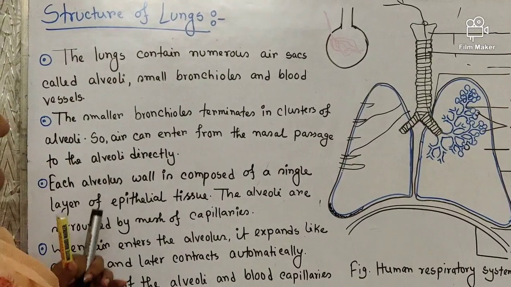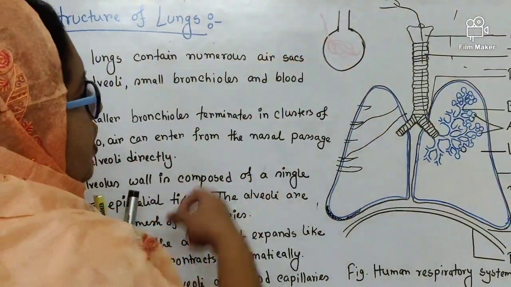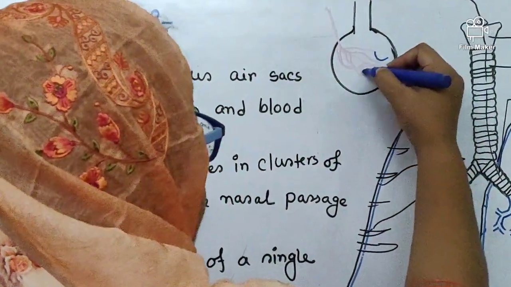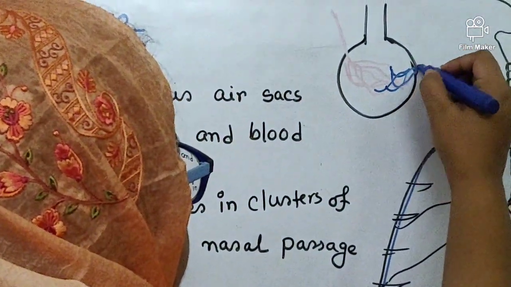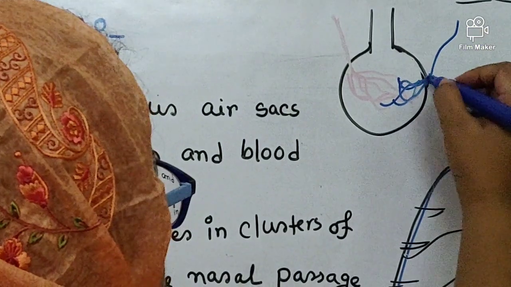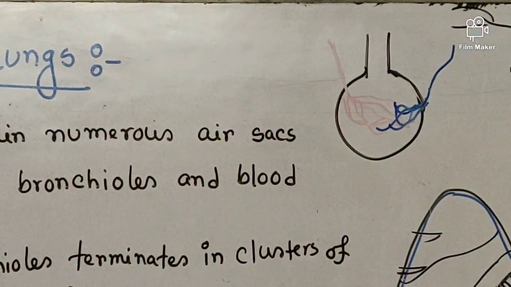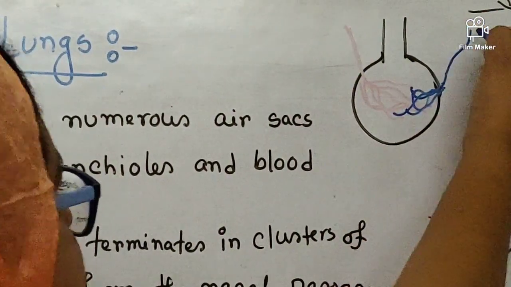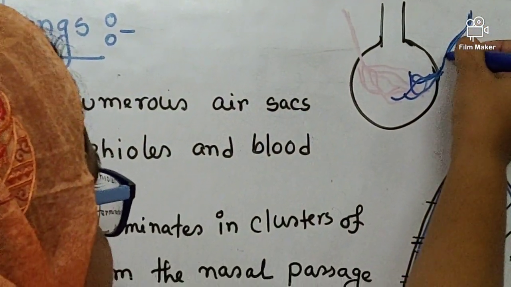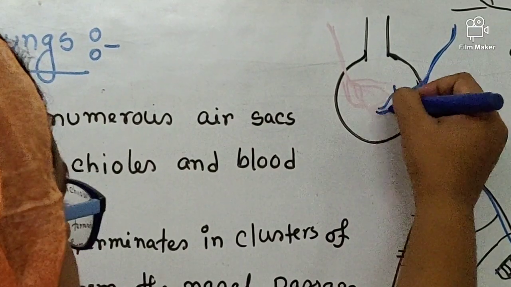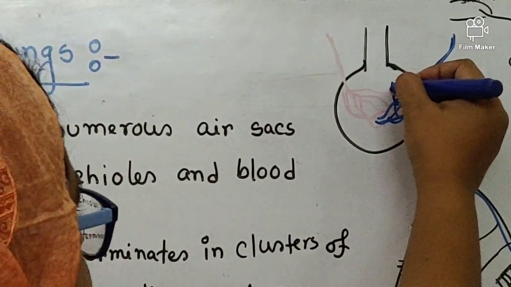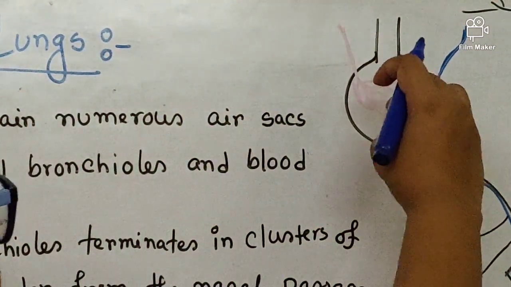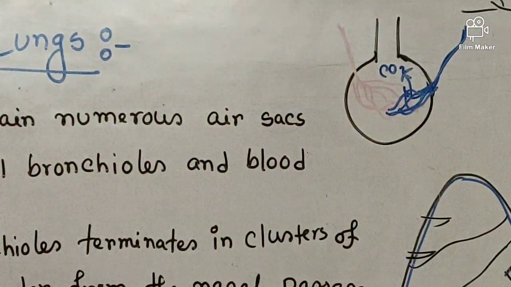When these capillaries collect oxygen, and when they combine together, it also collects the carbon dioxide. If we think of the carbon dioxide enriched blood vessels, the blood carries carbon dioxide, it will leave the carbon dioxide inside the alveolus, and then they will collect the oxygen.